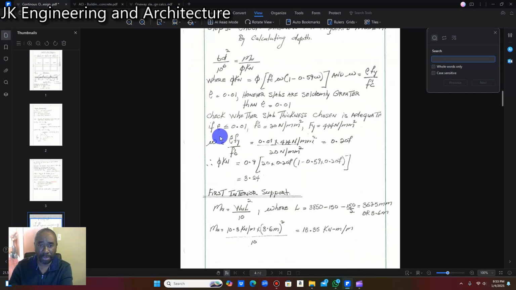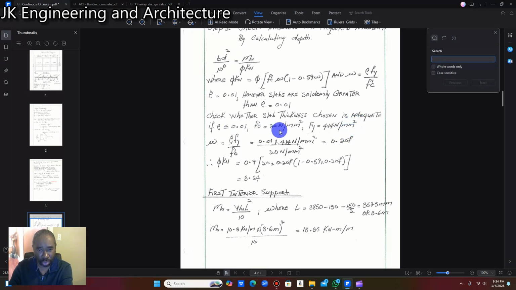Right? So we're going to check the slab thickness if it is adequate. So rho is 0.01. Our fc prime is 20 newtons per millimeter square, and our fy, the yield stress of steel, is going to be 414 newtons per millimeter square.